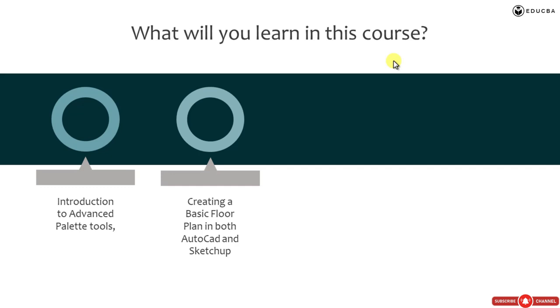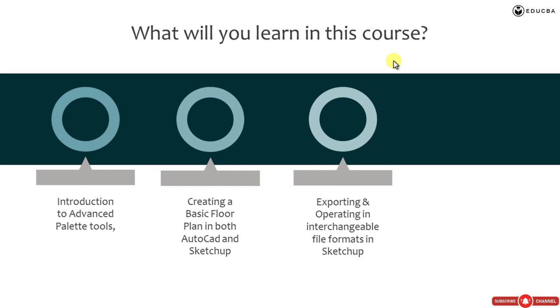So it is going to be more varied than the application of two-dimensional plans, hence the details. And that is the reason we are calling it basic, because we can go to any depth of detail we want, but not now. Maybe in the previous courses we have learned how to create a plan. Here we will make a 3D plan and then we will go towards detailing the same.